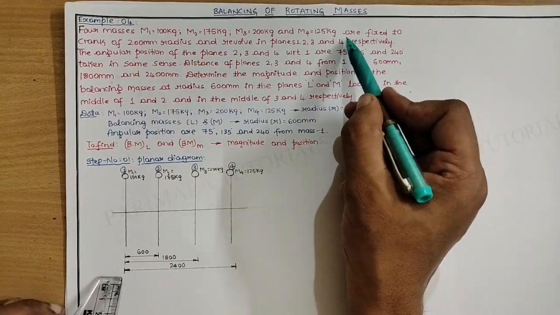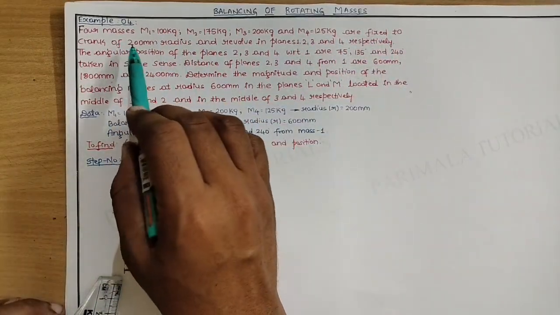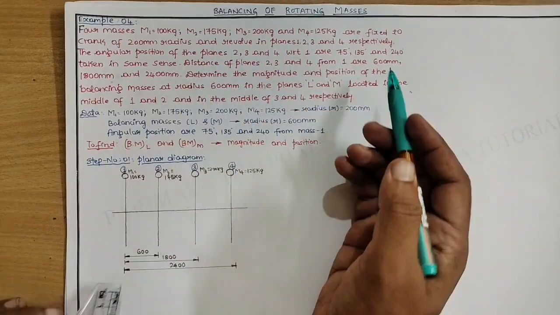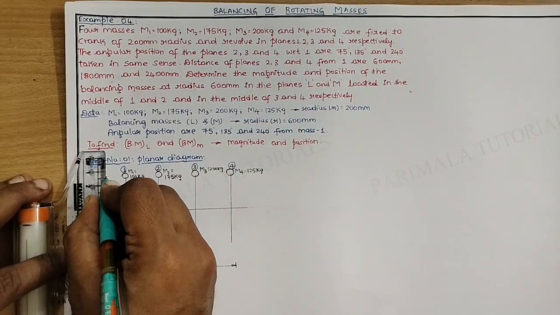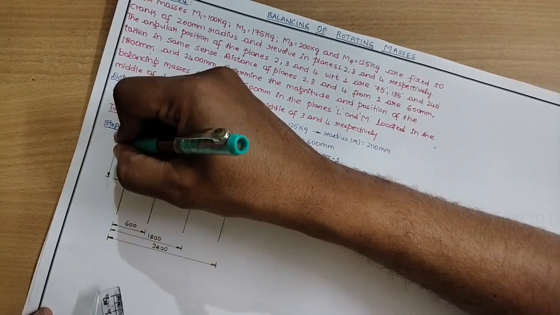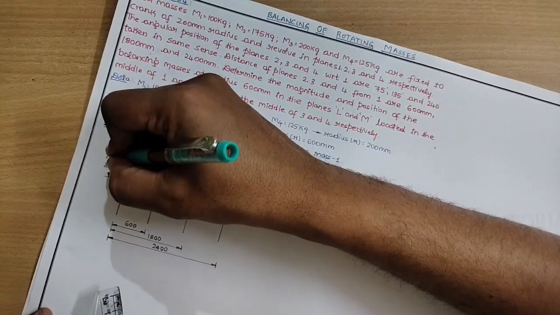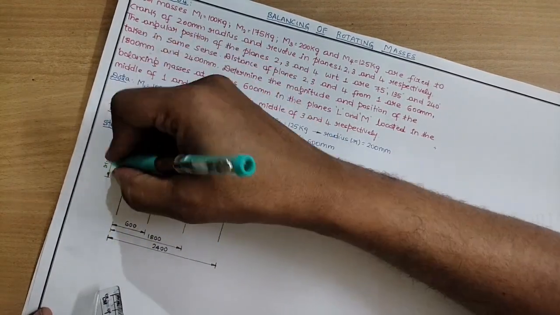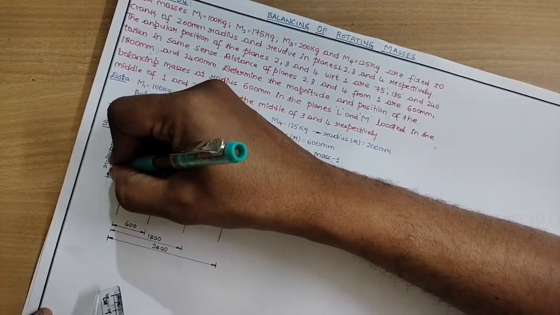And the next data clearly says all the masses are fixed to a crank of 200 mm radius. All the four masses have a common radius, that is nothing but 200 mm. 200 mm is nothing but 0.2 meters.